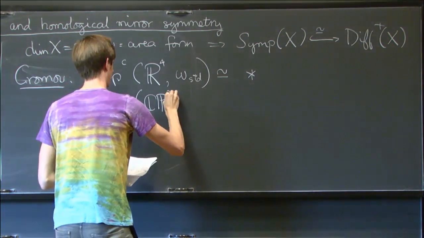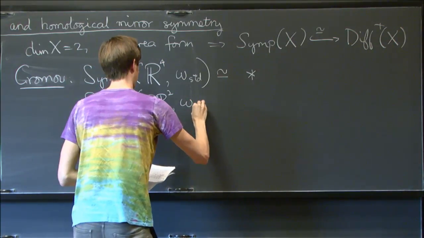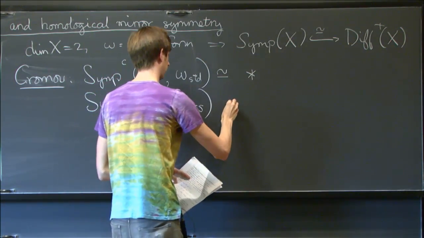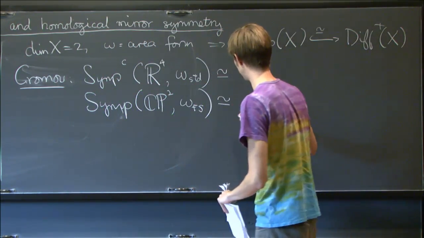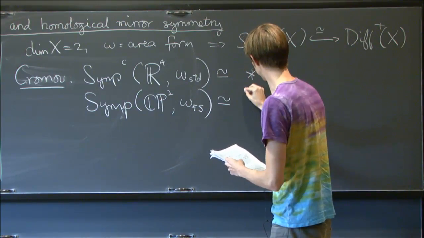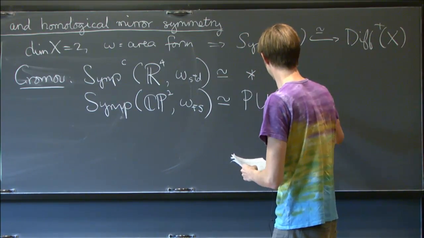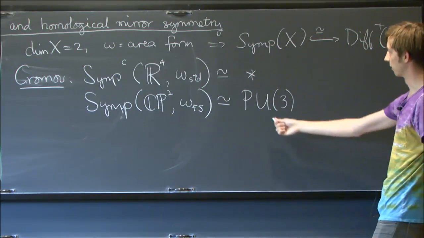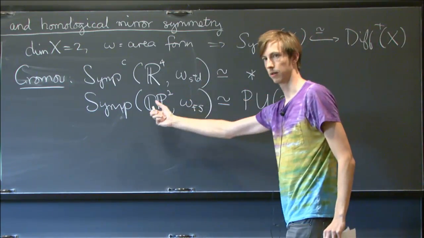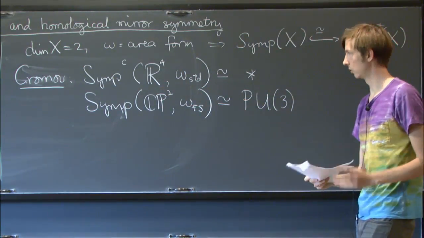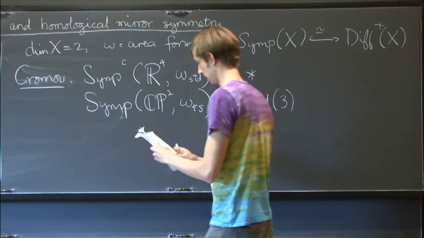Gromov also proved that if you take CP2 with its Fubini-Study Kähler form, the symplectomorphism group is homotopy equivalent to PU3, the things that act linearly on CP2, preserving the Kähler form.